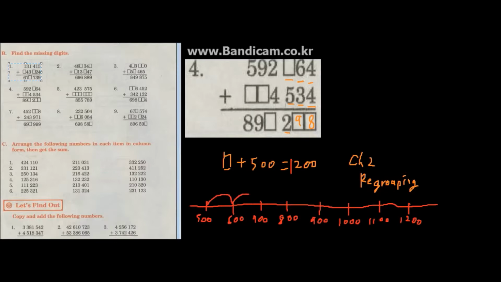So 1, 2, 3, 4, 5, 6, 7. We need 7 jumps. So we placed 7 here. So 700 plus 500 becomes 1,200. And in here we place 200, and this 1,000 should go all the way up here. So this 1 represents 1 here, and 2 represents 2 here.